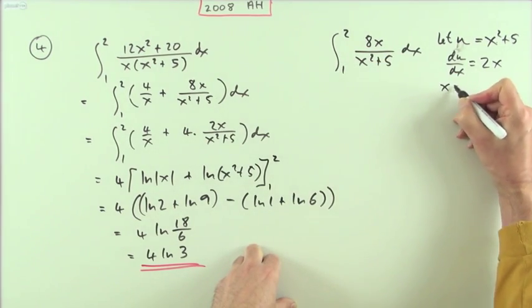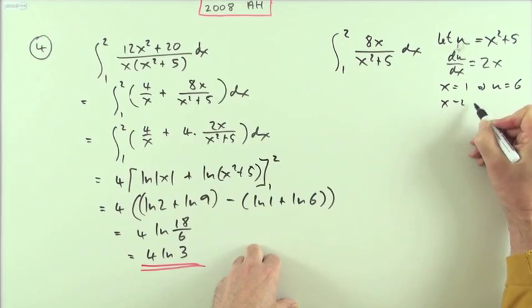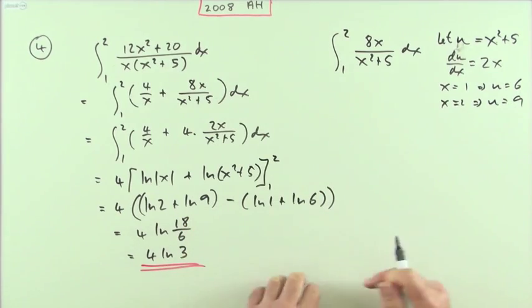So when x is 1, that means u is going to be 1 squared plus 5, which is 6. And when x is 2, that means that u is going to be 2 squared is 4 plus 5 is 9. No surprise, it's these same numbers down here.